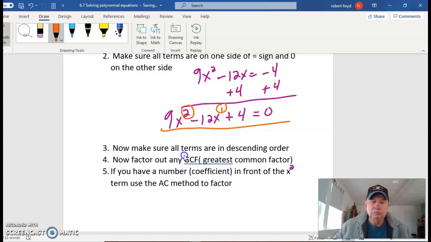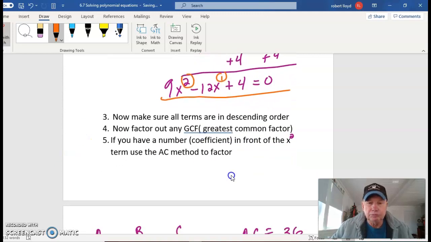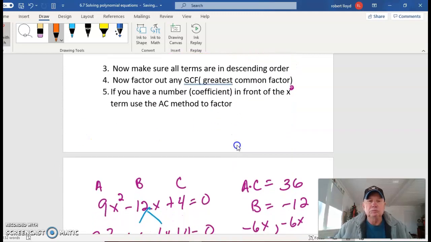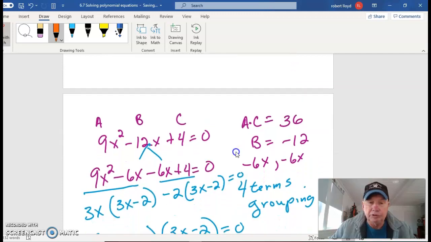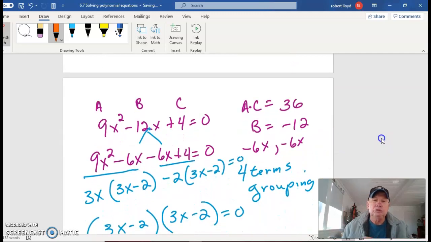So now we want to factor that. So if we have a number, a coefficient out in front of the x squared term, we need to use the AC method. So A is 9, C is 4. So we take 9 times 4 is our 36.